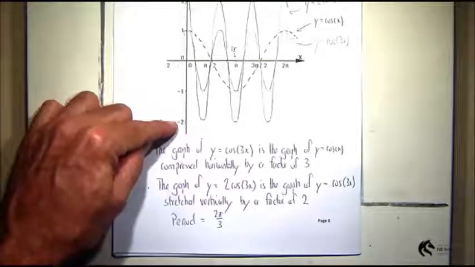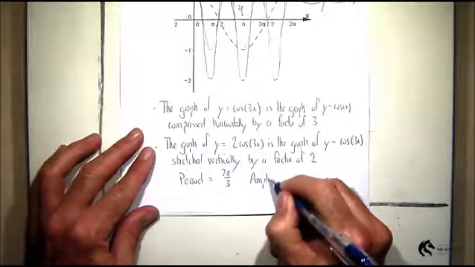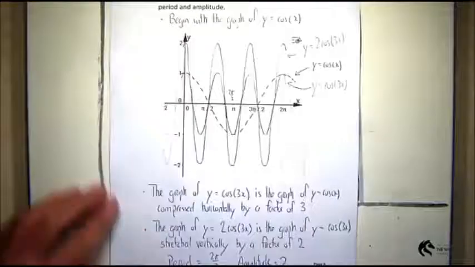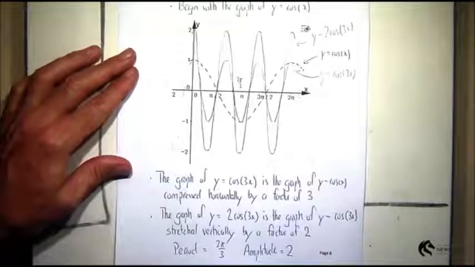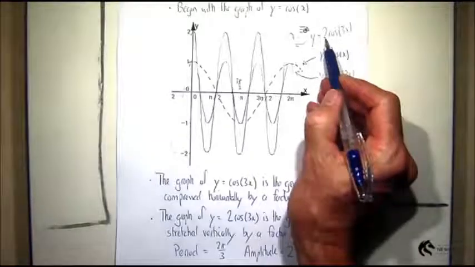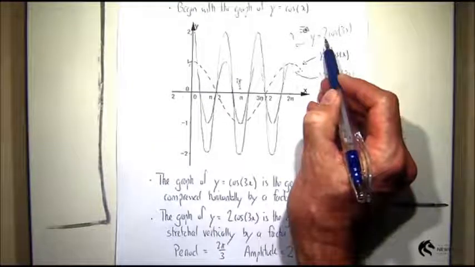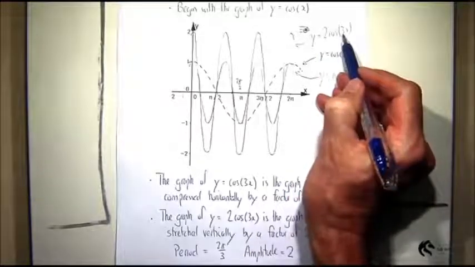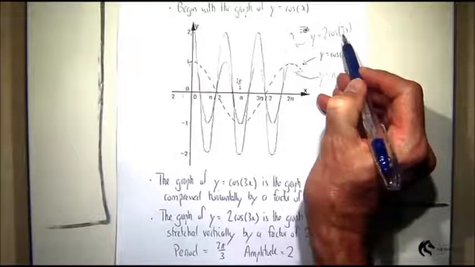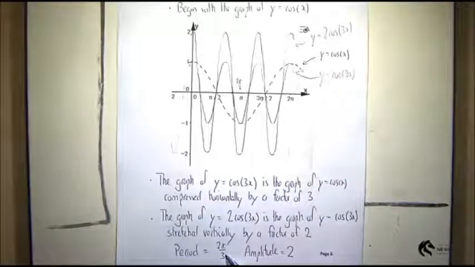So the amplitude is 2. And of course, in terms of the actual formula, in the graph 2 cos 3x, in that function, A is equal to 2, so that's our amplitude, N is equal to 3, so the period is 2 pi on N, 2 pi on 3. So that's our period sitting there.